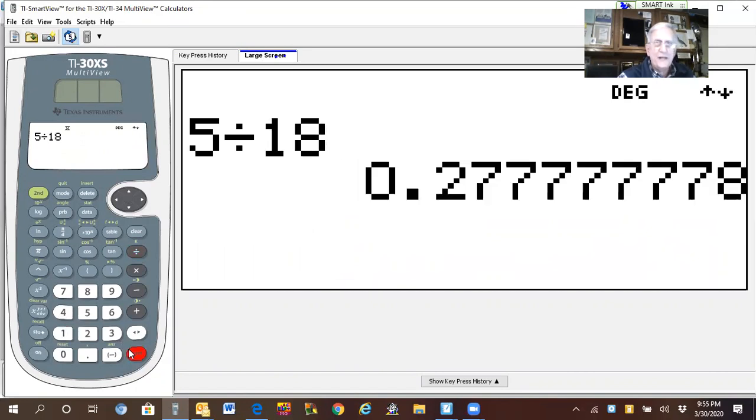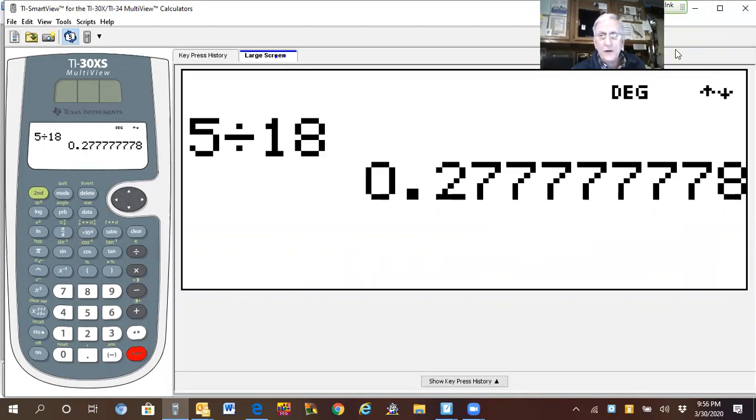And you'll notice the answer I get is all repeating 7s after the 2, and the 8 on the end, I think you are aware, would be rounded off on this calculator. So we're not going to use that, okay? We have to realize that this is repeating 7s.